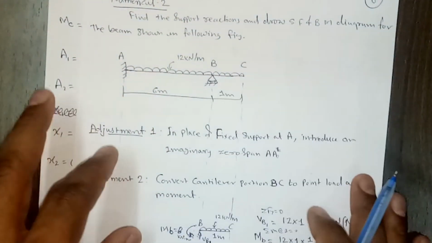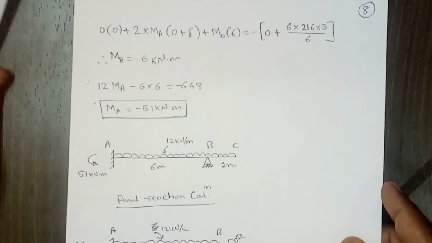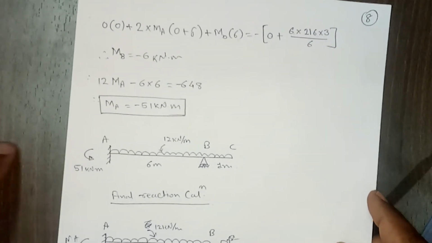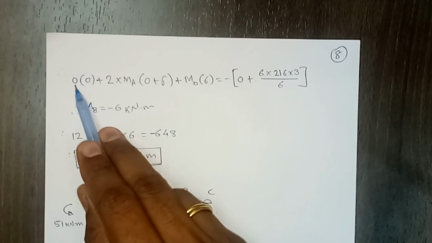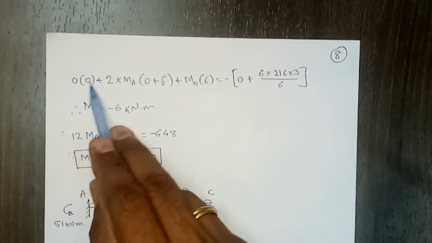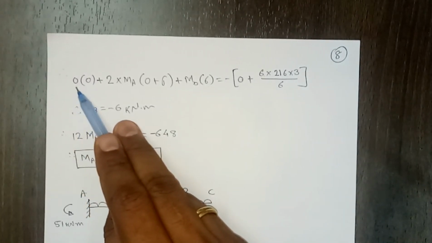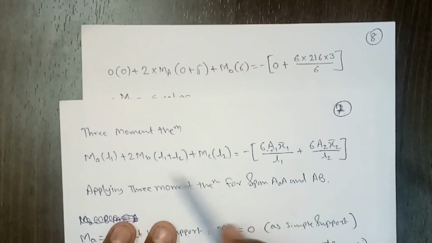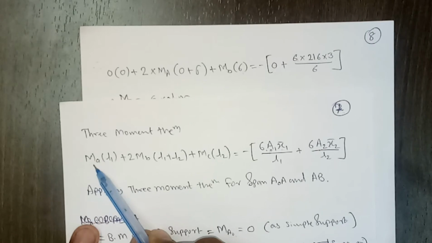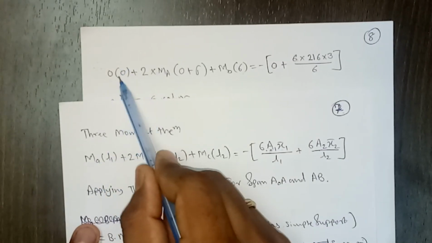So we'll substitute all these values into this three moment equation. This is the equation we have, right? So this is our MA0, which is 0, so I am substituting that.